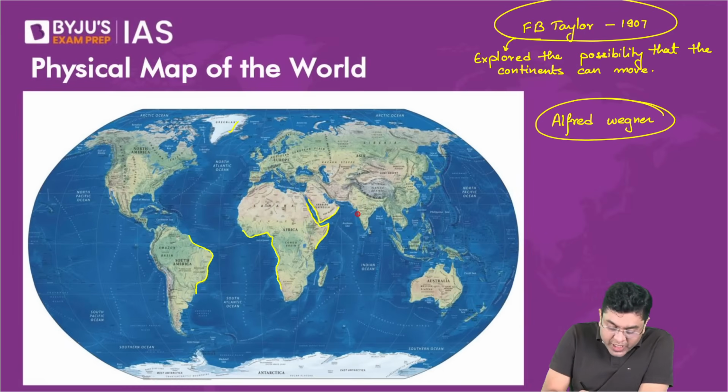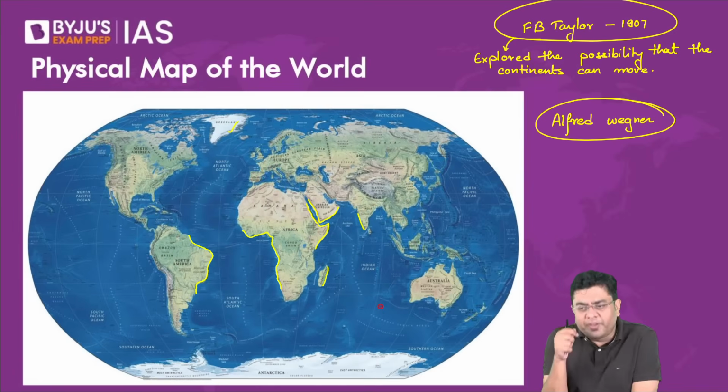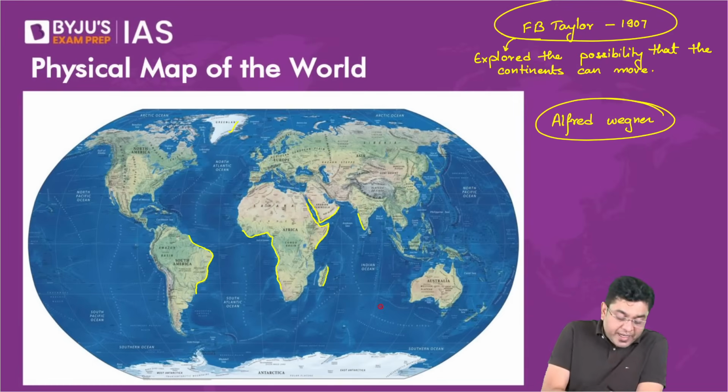Similarly, the shape of the western coast of India and the shape of the eastern coast of Madagascar were also very similar. Upon looking at all these coincidences, Wagner was absolutely convinced that this cannot be a sheer coincidence. How can it be a coincidence that land masses separated by thousands of kilometers of sea have a resembling shape?